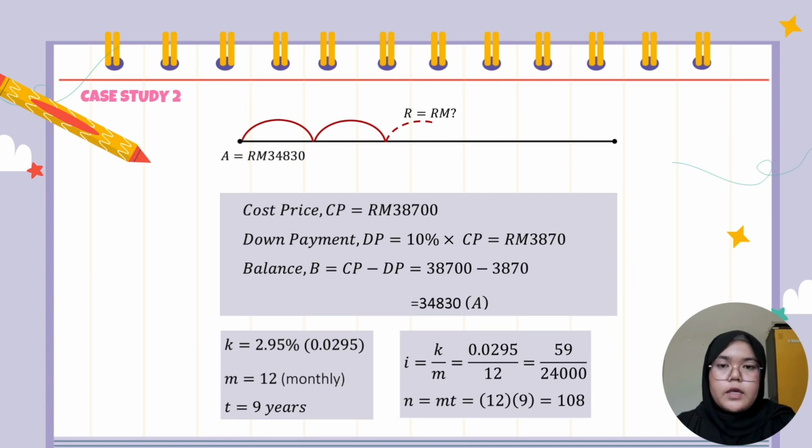For K, 2.95%, we divide by 100 and we will get 0.0295. M is 12 and T is 9 years. For I, K over M equals 0.0295 over 12, and we will get 59 over 24,000. Next, N equals M multiplied with T, which is 12 multiplied by 9, so N is 108.